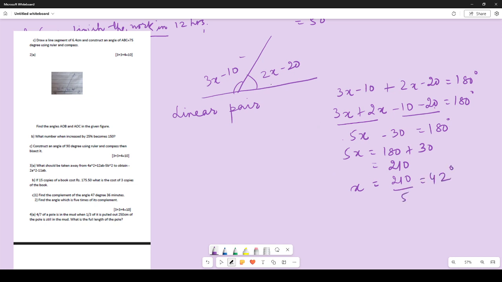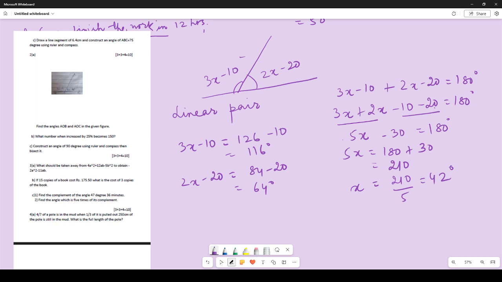Now if x is 42 degrees, and you calculate 3x minus 10, 42 into 3 is 126 minus 10, which gives you 116 degrees. 2x minus 20, so 2x will be 84 minus 20, that gives 64 degrees.